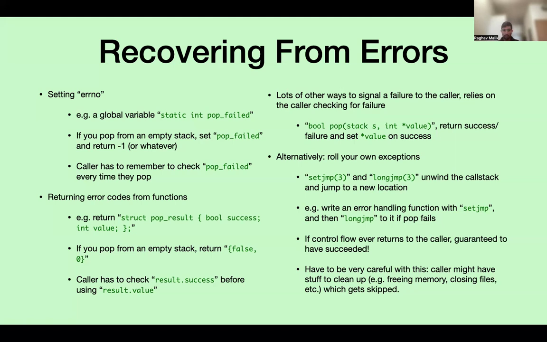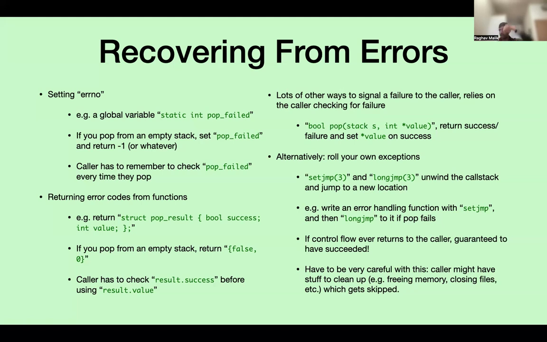Basically the way these work is setjmp sets a location in your source code to jump to when you call longjmp, and then you call longjmp if pop fails, right? So you say, if the stack is not empty, pop from the stack and return that value.